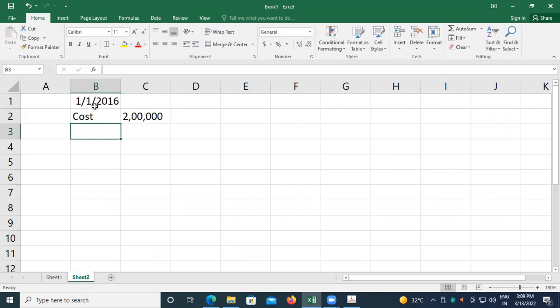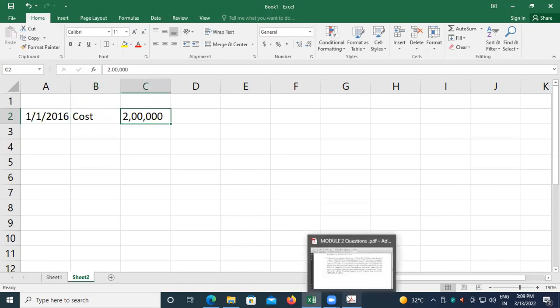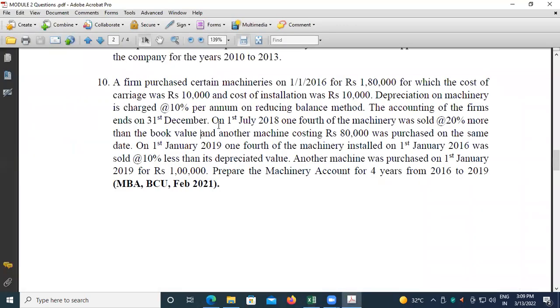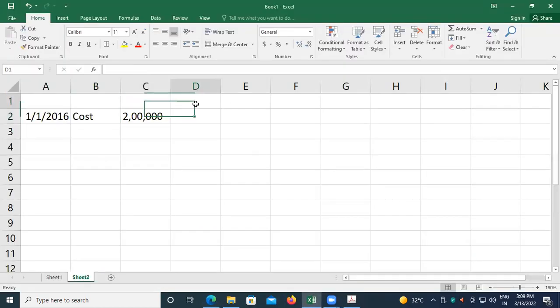This is on the 1st of January 2016. So let me put it here: on 1st January 2016, one machine we purchased, which is costing 2 lakh rupees. Now, afterwards, what happened? We are charging depreciation at the rate of how much percent? 10%. So let me write here: depreciation rate is 10%.